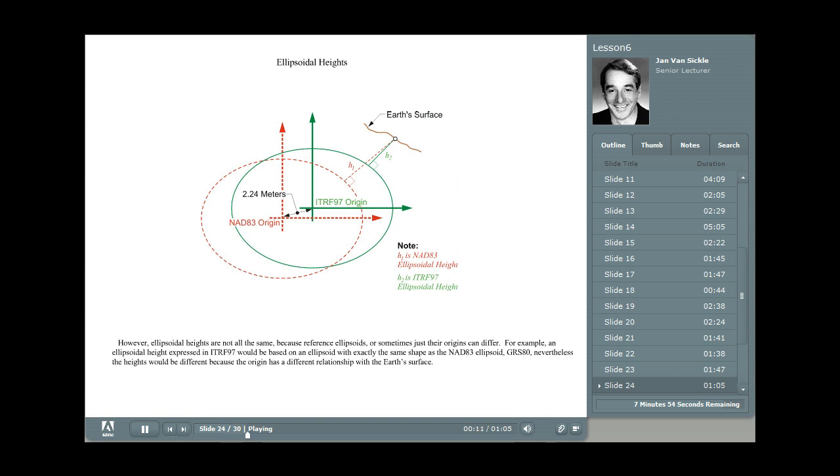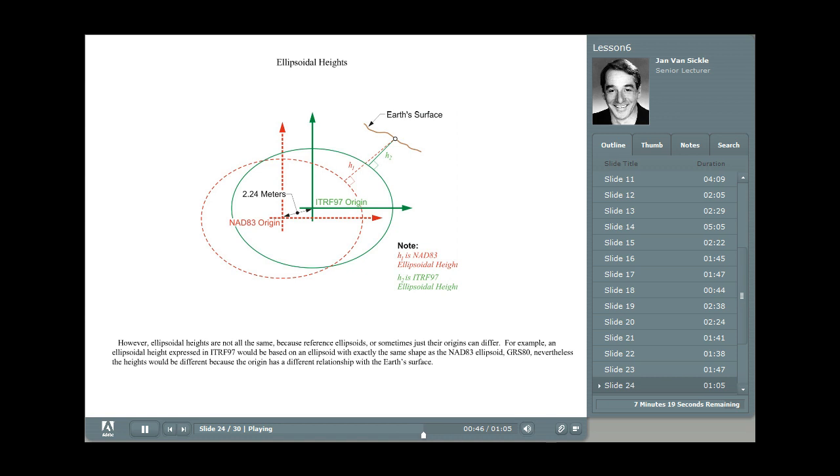Now it's worthwhile to note, as we noted about latitudes and longitudes, that ellipsoid heights vary as the ellipsoid changes. As the datum changes, the ellipsoid height changes, and that's what this image here is intended to represent. There's an approximately 2.24 meter separation between the origin of NAD 83, the GRS 80 ellipsoid, and the ITRF ellipsoid.